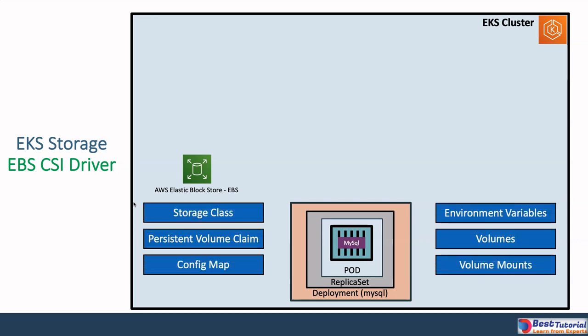In addition, as part of this deployment, we need to learn a few other Kubernetes concepts: storage classes, persistent volume claims, config maps, environment variables, volumes, and volume mounts. We are going to learn all these things as part of this entire use case.